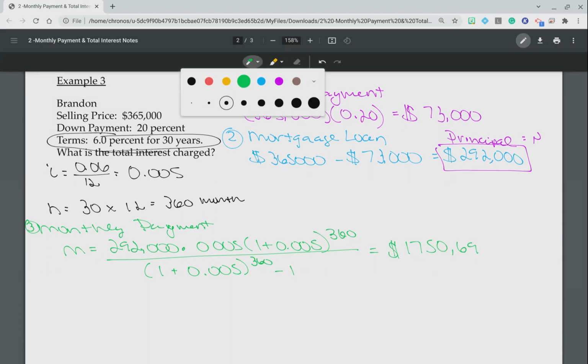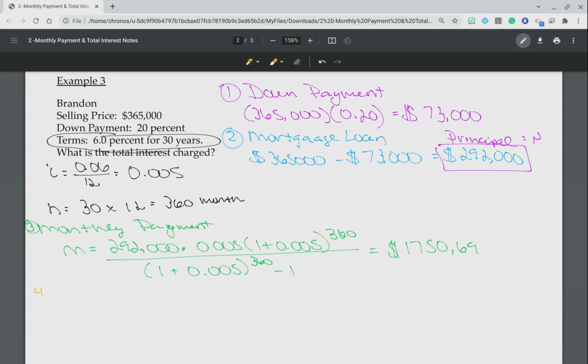All right, so just like before, after we find our monthly payment, we have to go through and figure out our total amount paid.